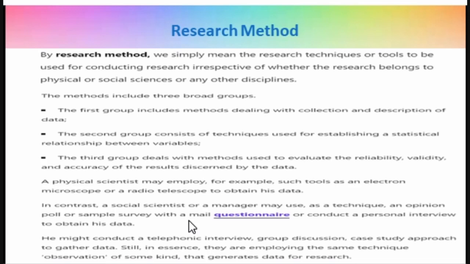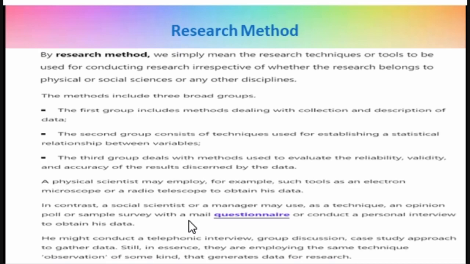After collecting the data, there will be certain numbers. You might have got data from 50 male students and 50 female students. Let's take male as one variable and female as another variable. What method of statistics are you going to use for that particular set of data? This comes under the second group.